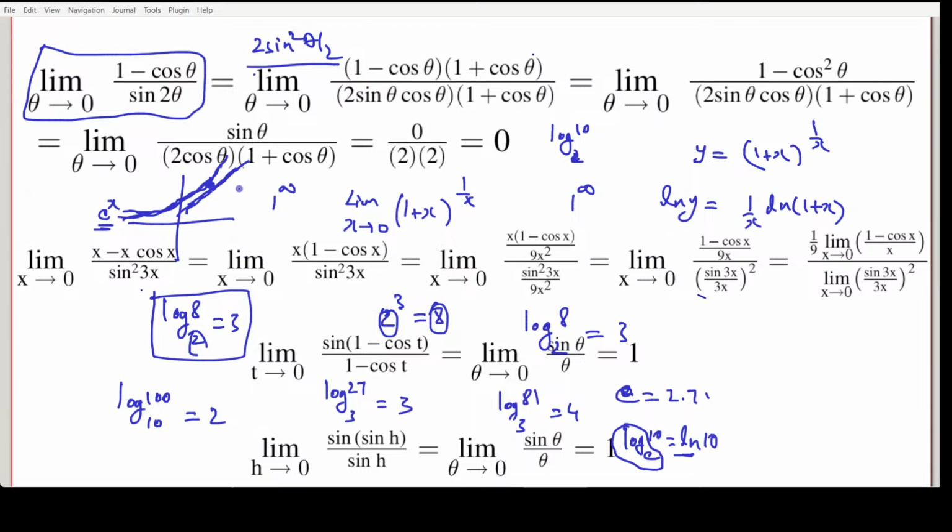For example, at x equals 3, the value of the function is e cube. But d by dx of e power x is anyway e power x, which is nothing but e cube, right?